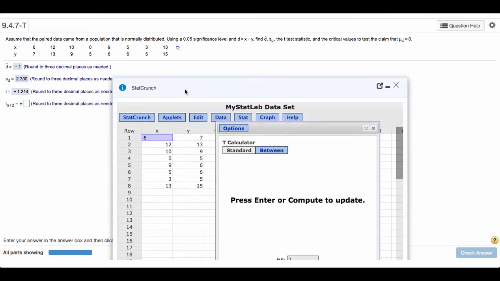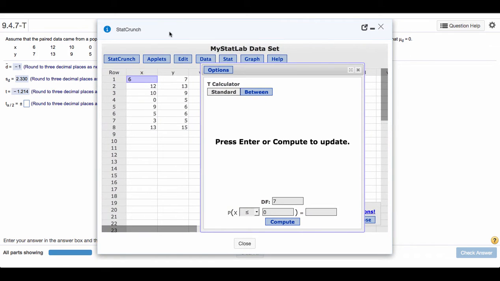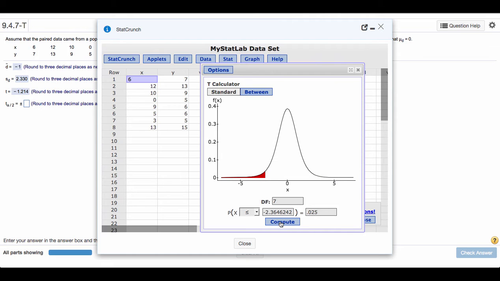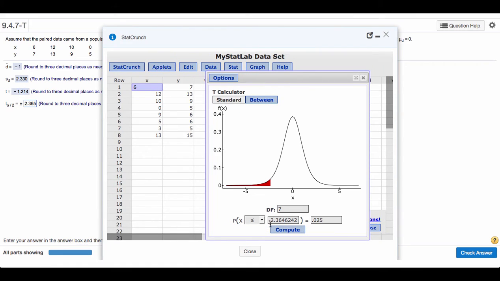And since we have a 0.05 significance level given to us in the problem, and this is a two-tailed test, we'll type 0.025. Hit Compute, and this gives us a value of -2.365 if we round to 3 decimal places, and a t-value of -2.365 with 7 degrees of freedom would correspond to 0.025 of the distribution being in the tail.